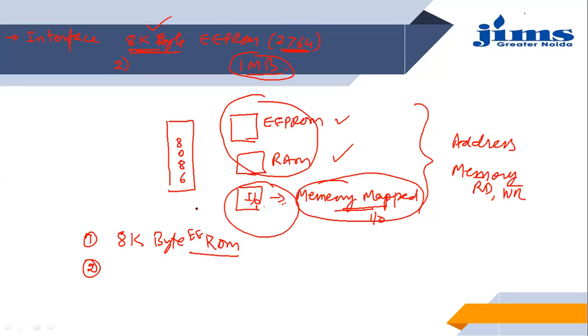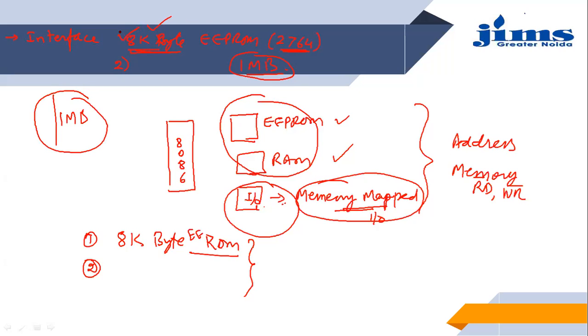One of the most important rules to begin interfacing a memory with a microprocessor is that, as a designer, you should know what the memory addresses of your memory should be. The total supported memory is 1 megabyte, but you want to have only 8 kilobyte.